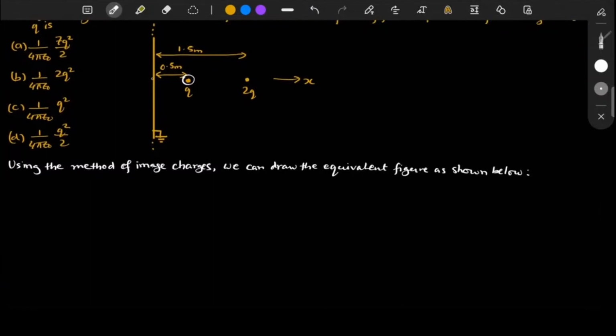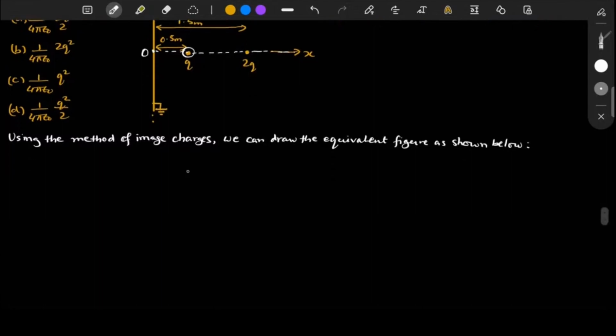So this is our origin over here, and this is the x-axis. So if we have the origin over here, then we have Q placed at 0.5 meters, we have 2Q placed somewhere over here at 1.5 meters, and this is the location of our infinite grounded conducting plane.